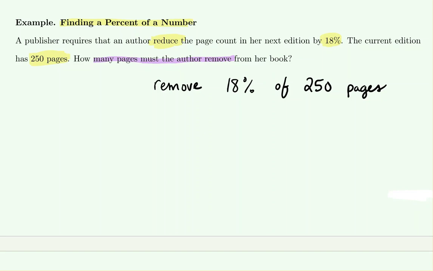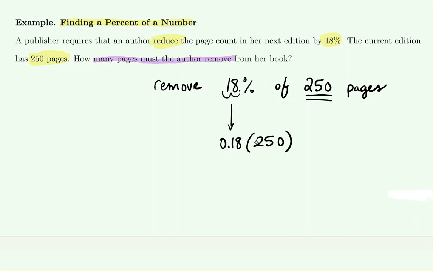To find the percent of a number, as we talked about previously, we would first turn the percent into a decimal. So there's an implied decimal place to the right of the last digit. So it's 18.0%. To go to a decimal, you move that 2 places. So it's 0.18. To find the percent of a number, you take the percentage written as a decimal, multiply it by the number given.